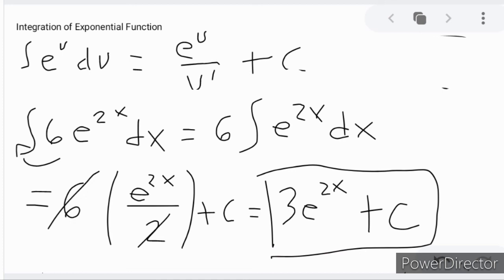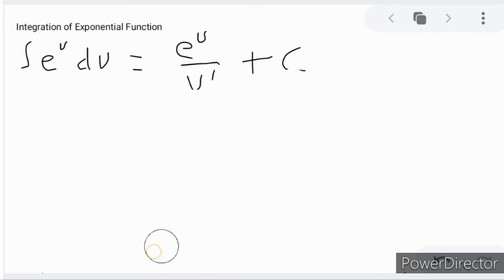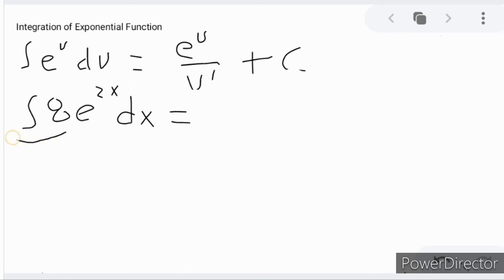Now, try it on your own. You can pause the video if you want to answer this first, and then continue to check your answer. So by this time, we have the integration of 8e raised to 2x dx. Then, put the constant on the left side of the integration symbol.